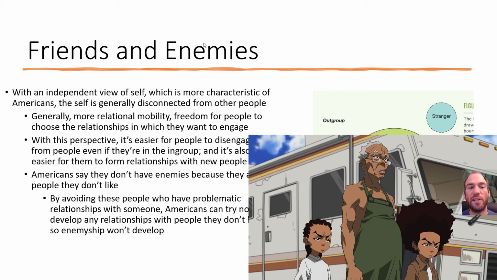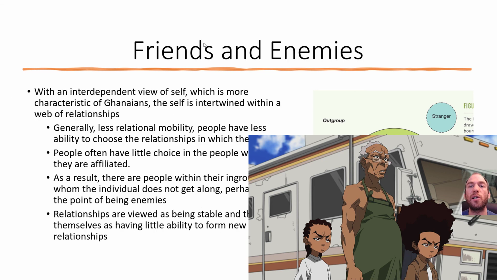And this is thought of as the independent view of self. That view of self contributes to how individuals interpret social relationships within a cultural context. Versus an interdependent view of self, which is more characteristic of Ghanaians. The self is intertwined within a web of relationships.